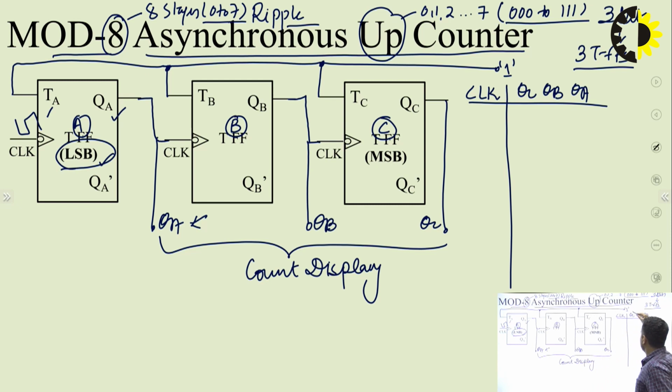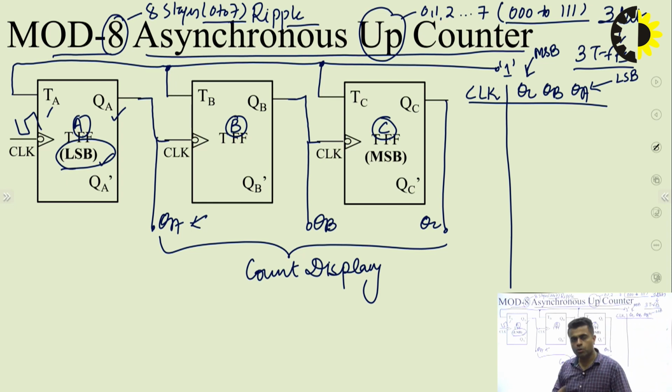That's why QC is written here, which is the MSB, and the last rightmost bit is my LSB. So the sequence of flip-flops is reverse compared to the sequence of outputs while writing the counting.